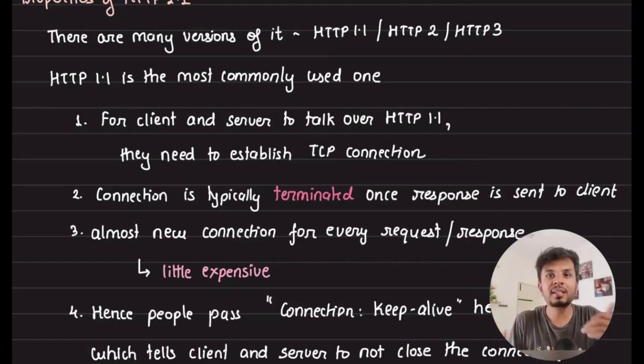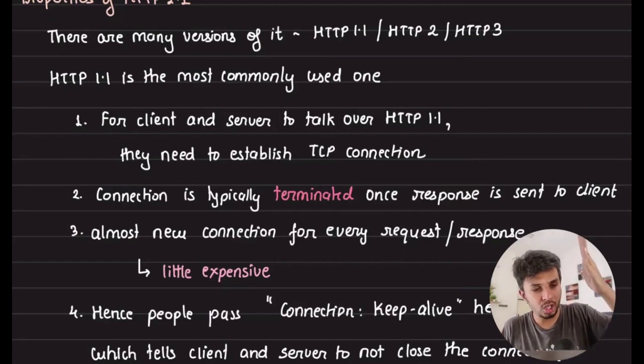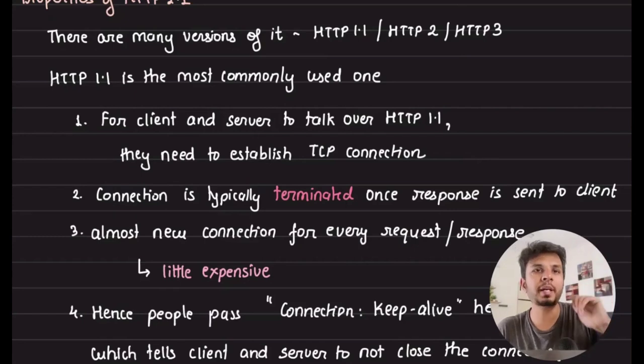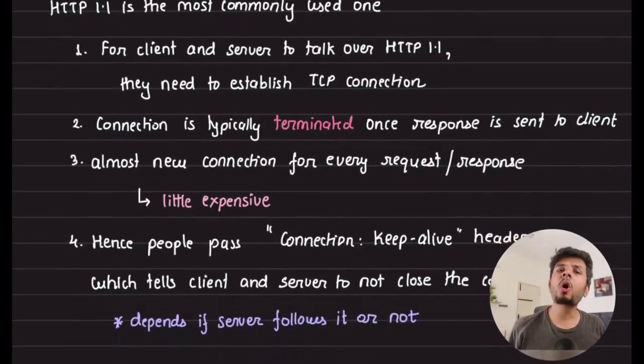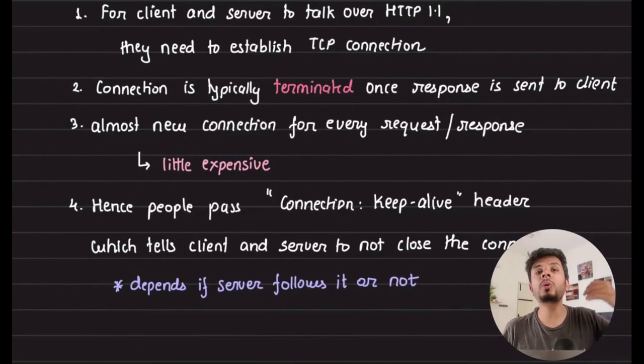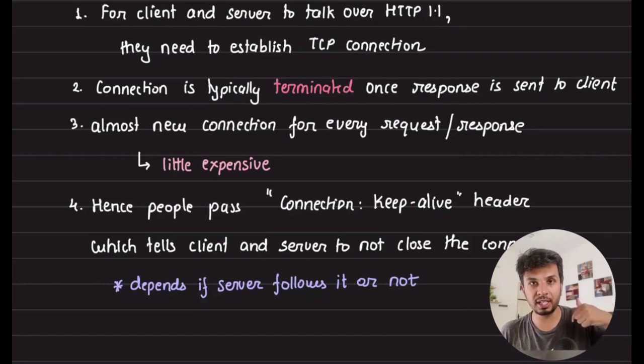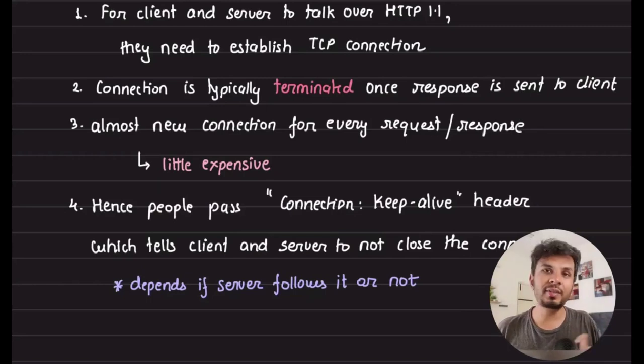But the idea is that typically your connection is broken once you send the request and get the response, your TCP connection is broken. So you almost tend to create a new connection for every request response, which is expensive because of the three-way handshake, two-way teardown, one request, one response. So for one request and one response, we are sending 3 handshakes for creation and 2 for termination. So it gets very expensive.